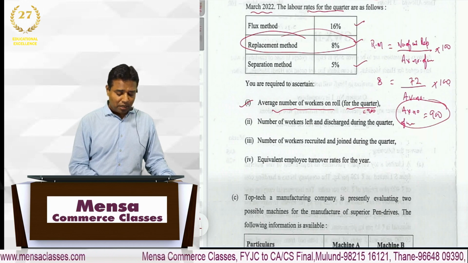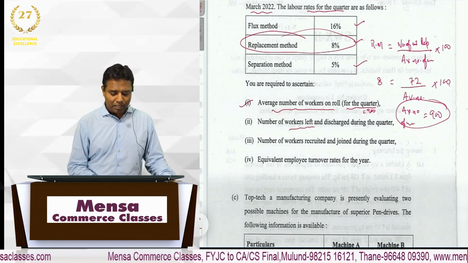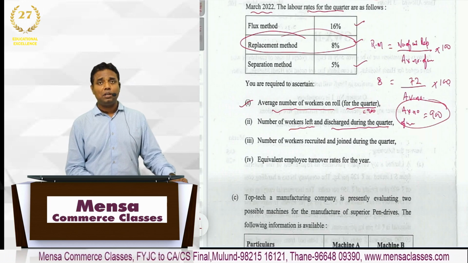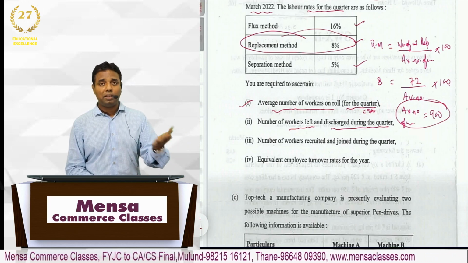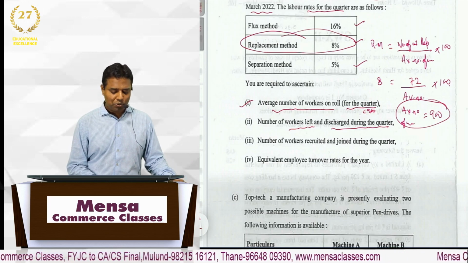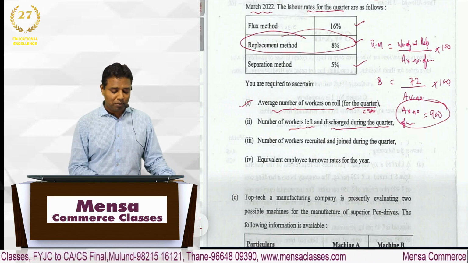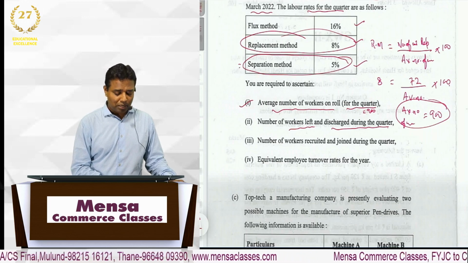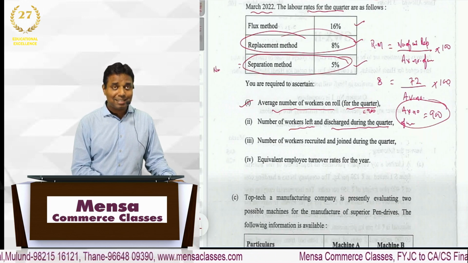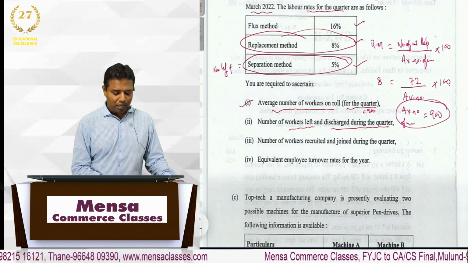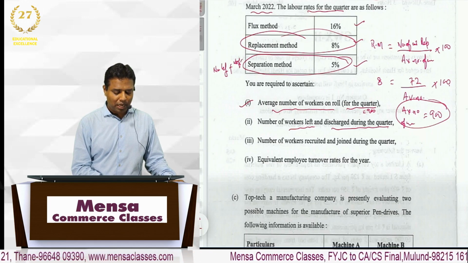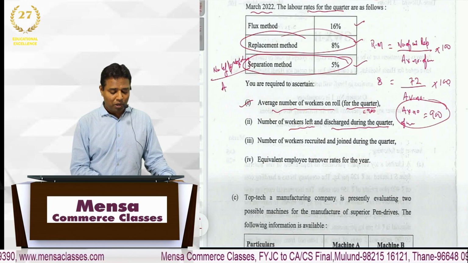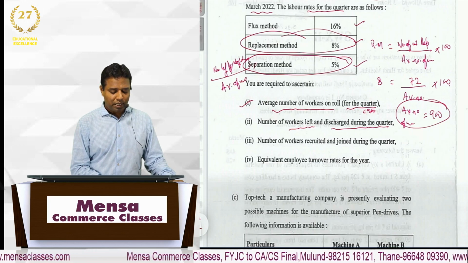Okay, next, number of workers left and discharged during the year. How many of them you removed and how many you discharged, that we want to find out. For that we'll use the separation method. The formula is number of workers left plus number of workers discharged upon average number of workers into 100.